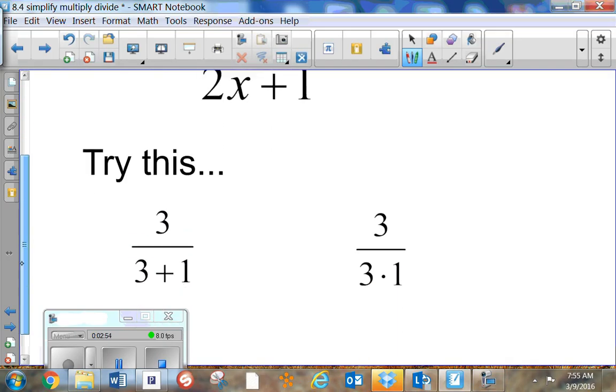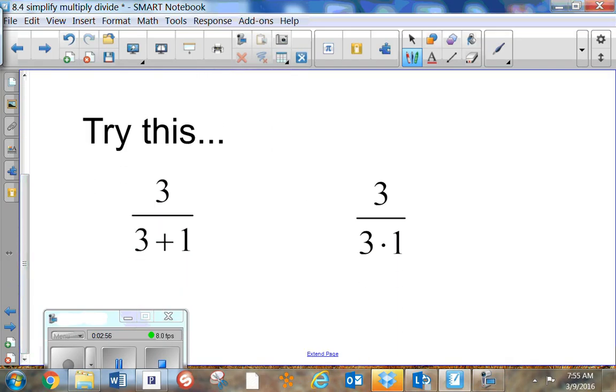Now let's look at that with regular numbers. You know that 3 over 3 plus 1 is 3/4, right? Okay. Well, if I wrote it as 3 over 3 plus 1, and tried to cancel these 3's, I would not end up with 3/4, right? Because these two are added. However, if it was 3 over 3 times 1, we know that's 3 over 3, which is 1.